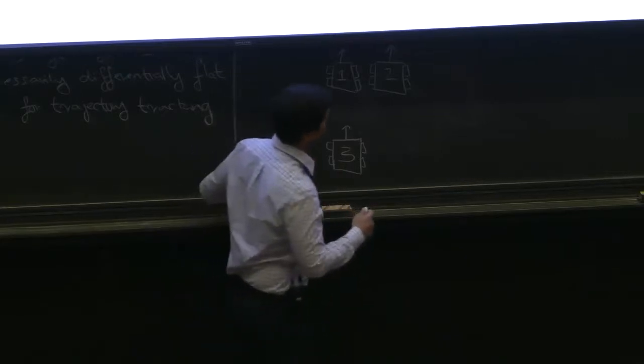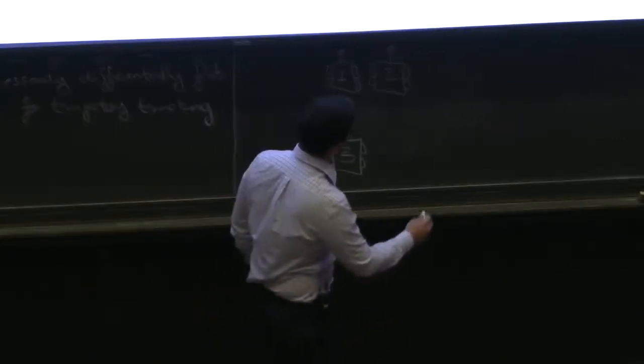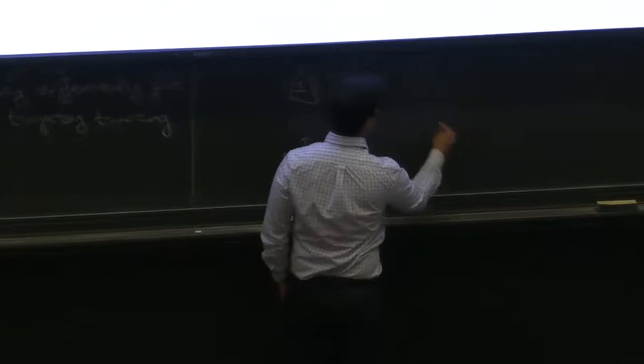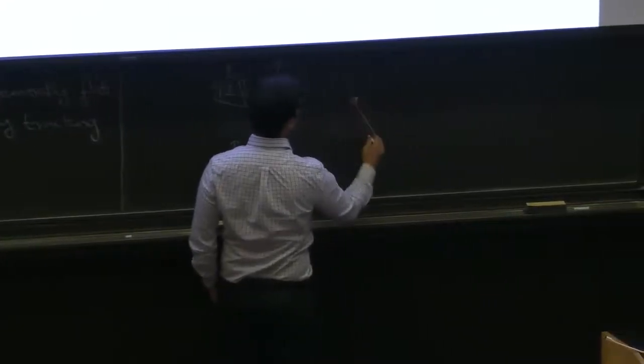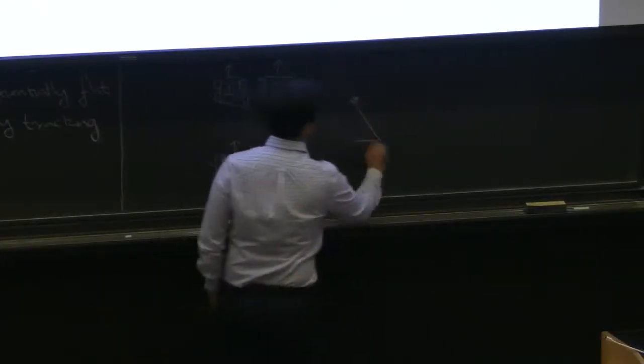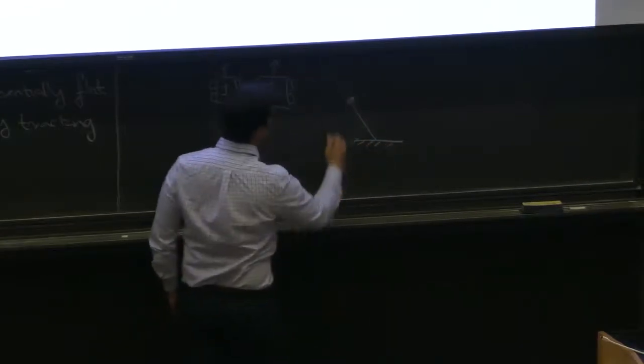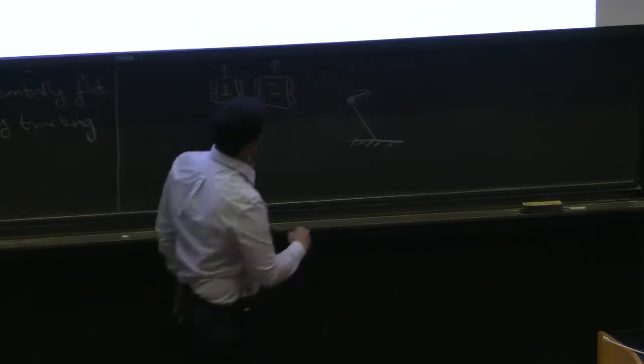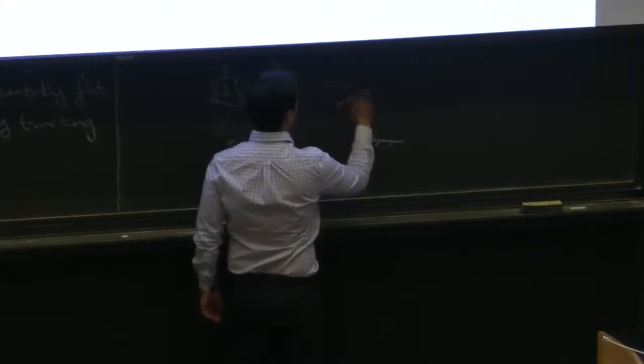Another example, just to build more intuition, is if you have a pendulum. Let's say this is an inverted pendulum, and the velocity here is in this direction. So this is one pair of states.